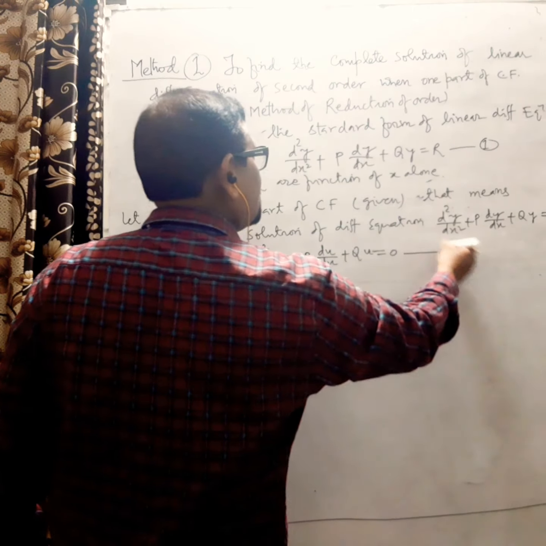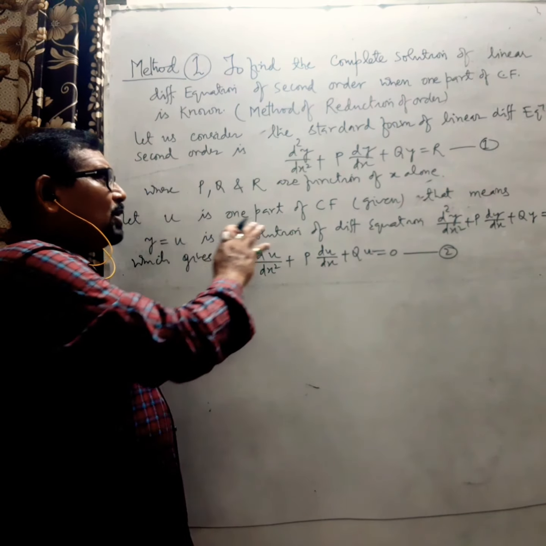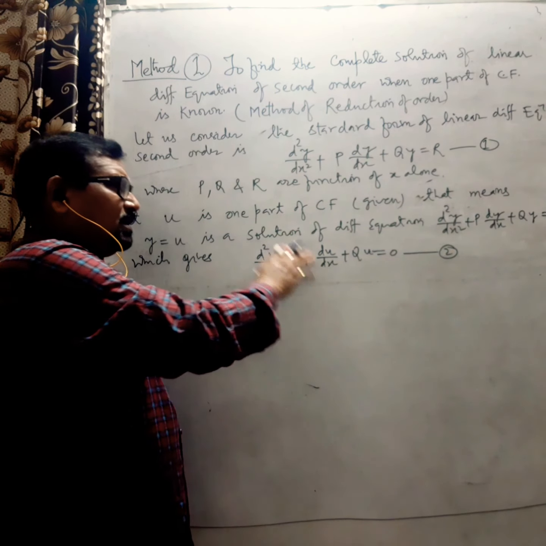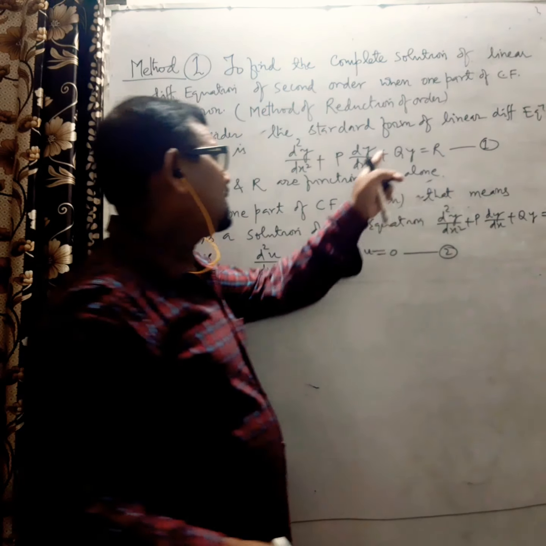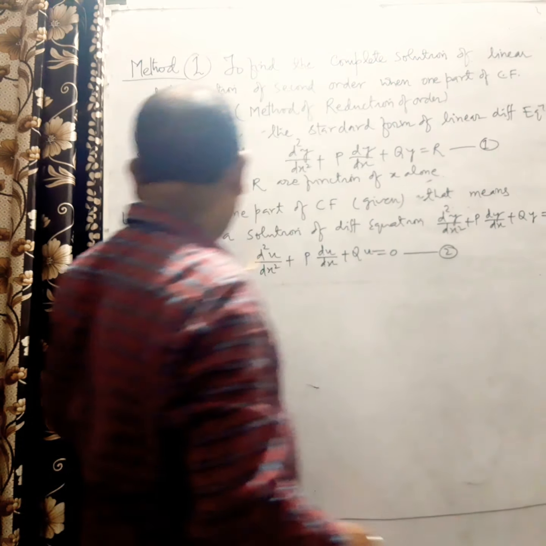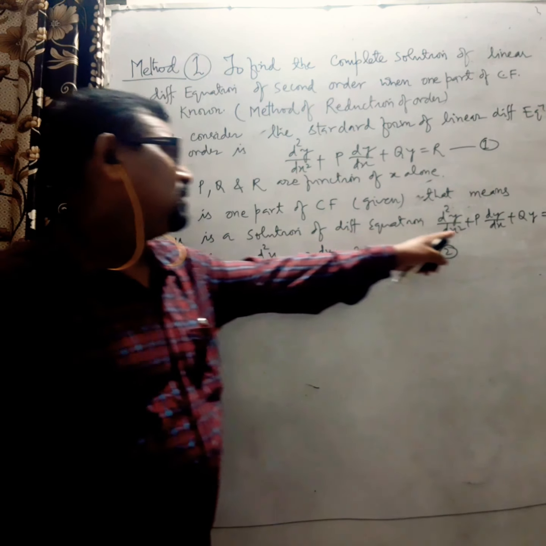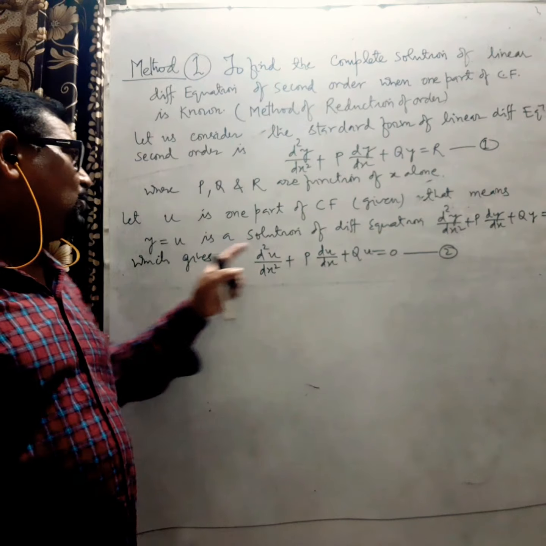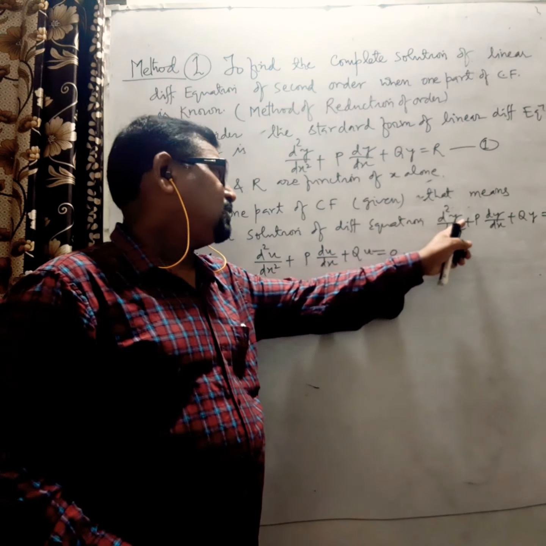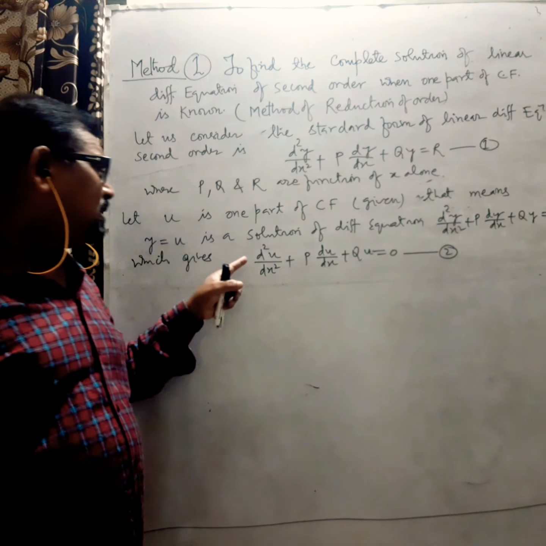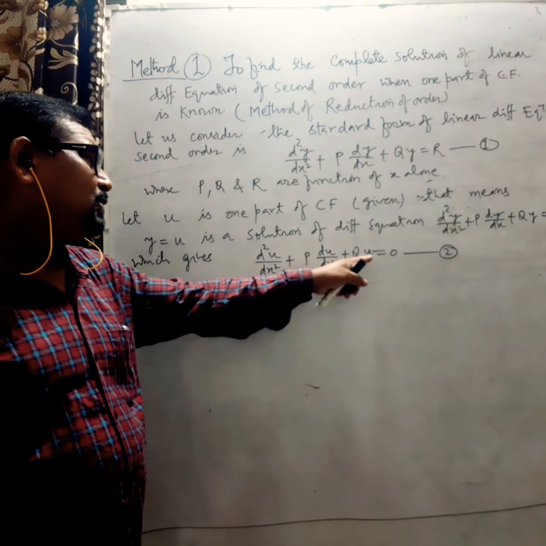This is taken as equation number 2. When one part of the complementary function is given, then y is equal to u is a solution of the differential equation making the right hand side 0. So y is equal to u will satisfy this differential equation.